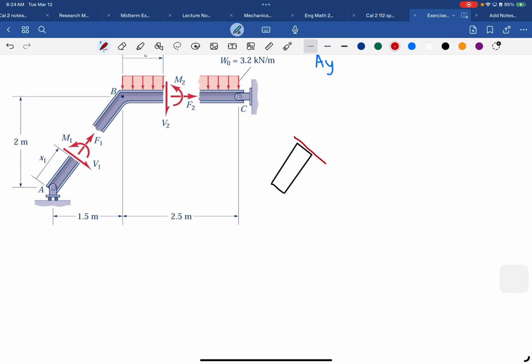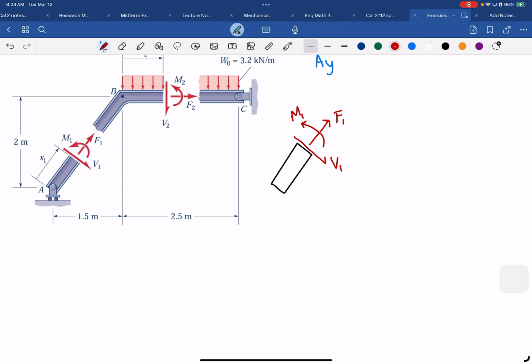I'm taking this V1, F1, and then this will be M1. And then what else do we have?